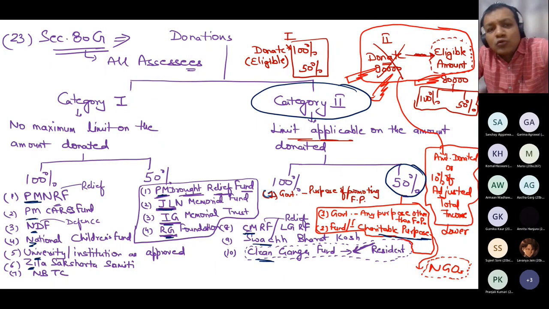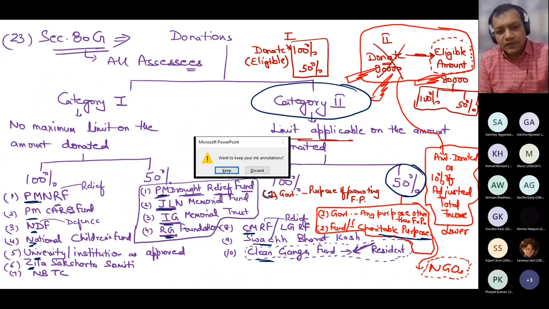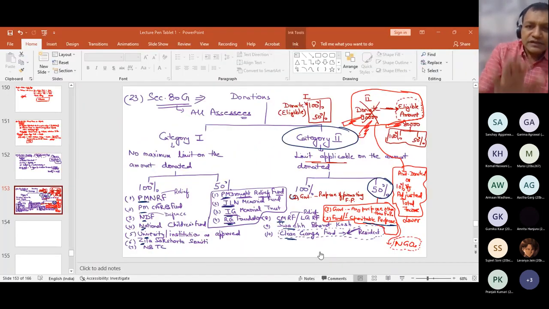Right now you do not know how to compute, but at least now you must know that by having a look at the name, you can identify under which category that fund falls and which percentage within that category is covered. If yes, please raise your hand till this point. If the discussion is clear till this point, that you can now easily identify under which category and what percentage your fund is covered, please raise your hands.